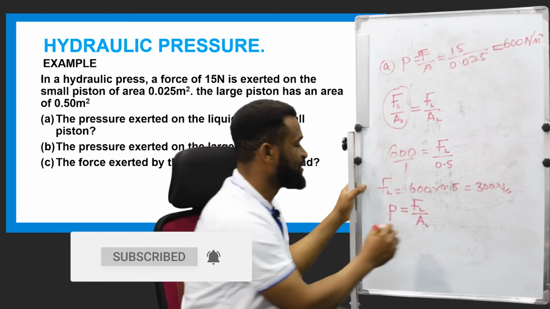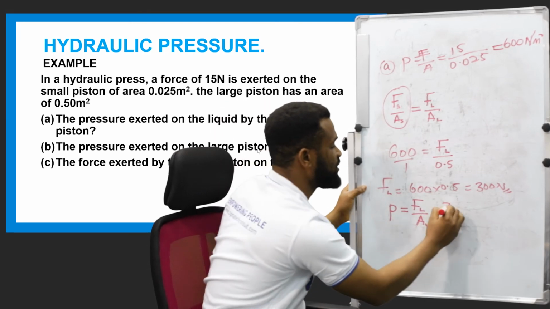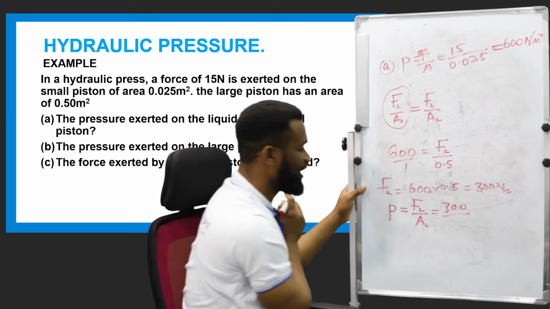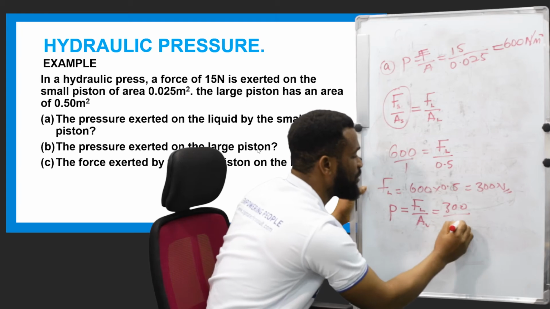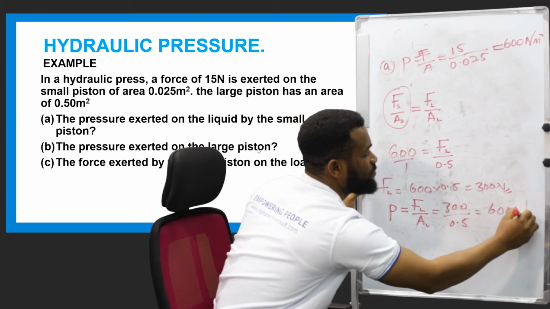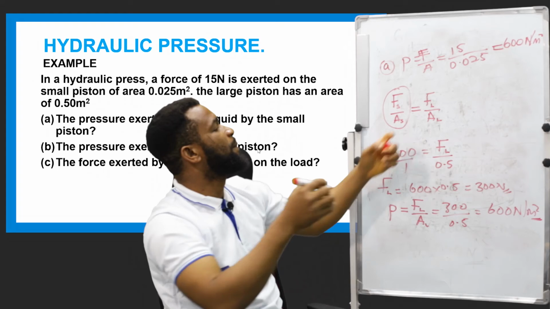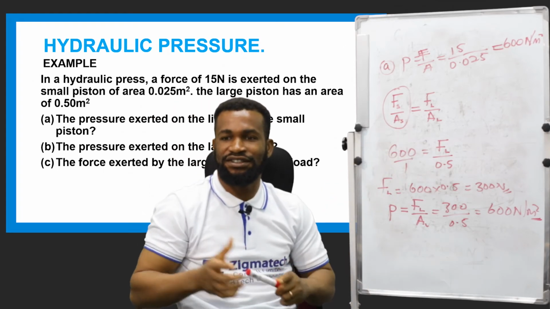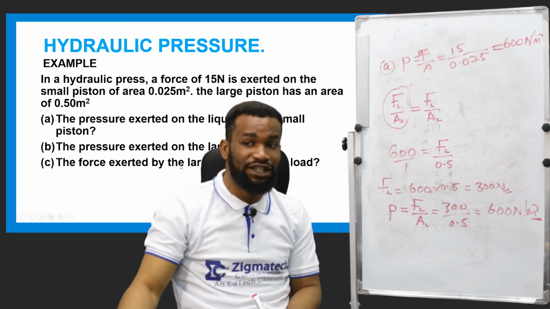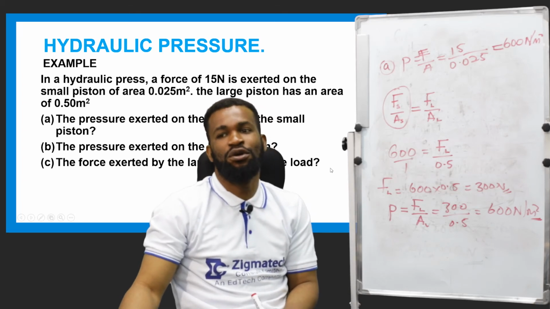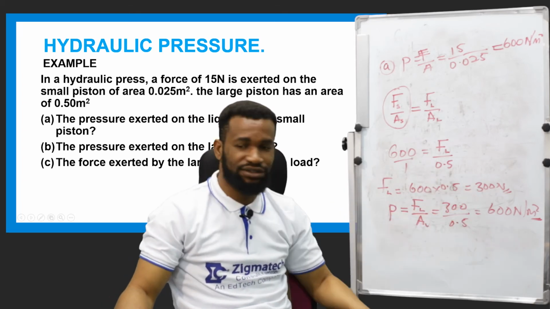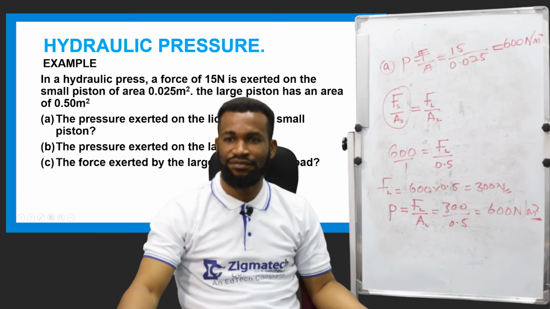This is going to be 300 all over the area of the large piston, which is 0.5, which is also going to be 600 Newton per meter square. Remember what I said? They are the same. Now, we also said that the force exerted by the large piston on the load has already been found to be 300 Newton.